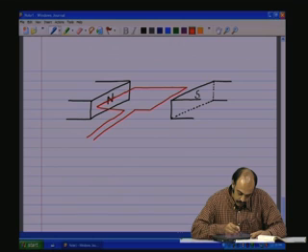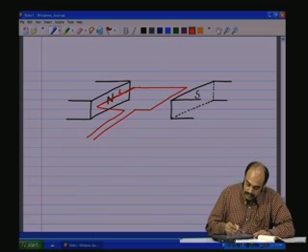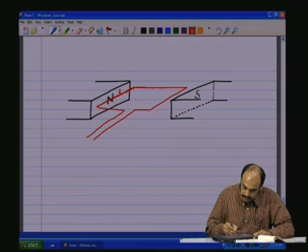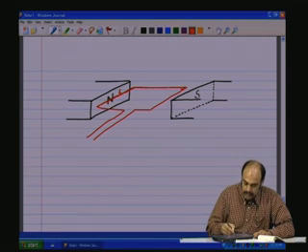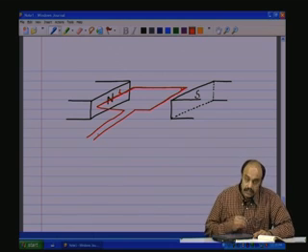So, we have a conductor of length L, there is a conductor which is this, there is also another conductor which flows through like that. So, this completes the circuit.